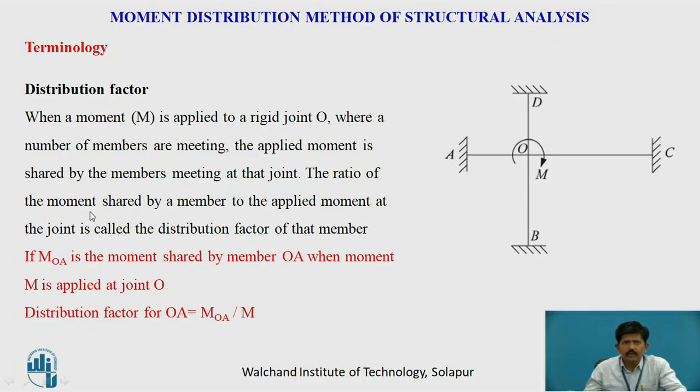The ratio of the moment shared by a member to the applied moment at that joint is called the distribution factor of that member. For example, if MOA is the moment shared by member OA when a moment M is applied at this joint O, therefore, the distribution factor for member OA is equal to MOA upon M.